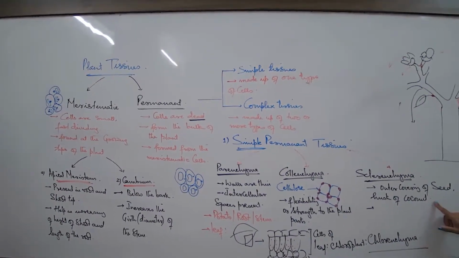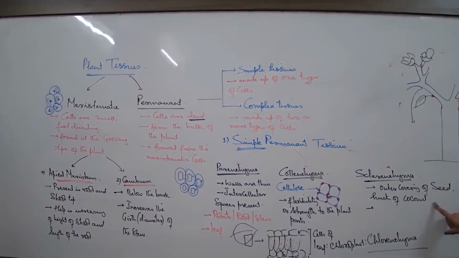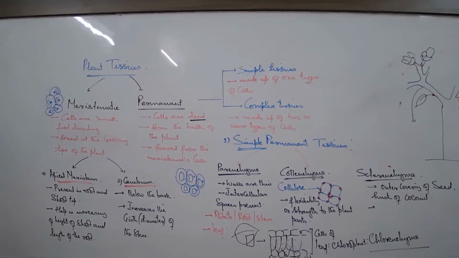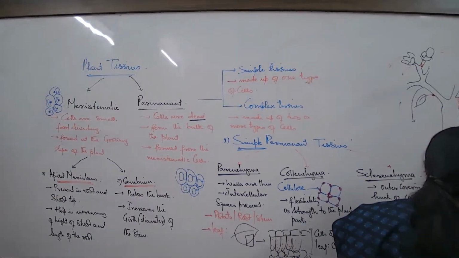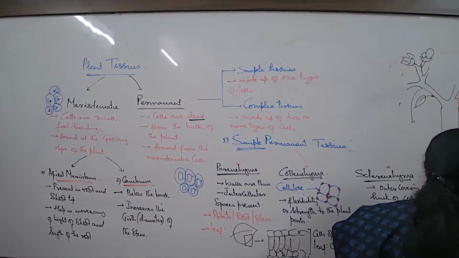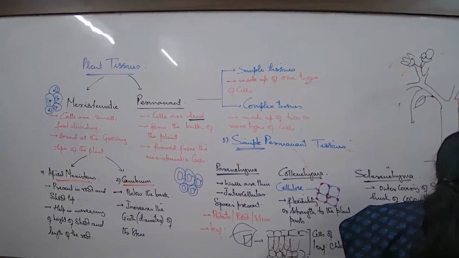So sclerenchyma, I said, outer covering of the seed, husk of the coconut, veins of the leaf, all sclerenchyma. How do they look like? Check the figure. If I talk about the cells of the sclerenchyma, they are all spindle shaped like this.